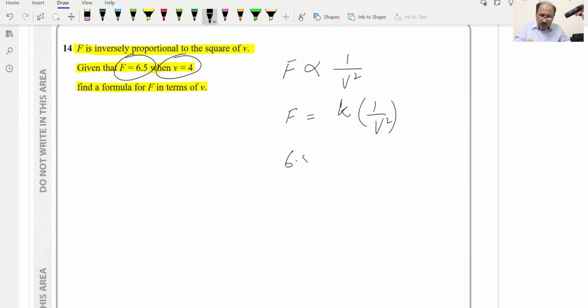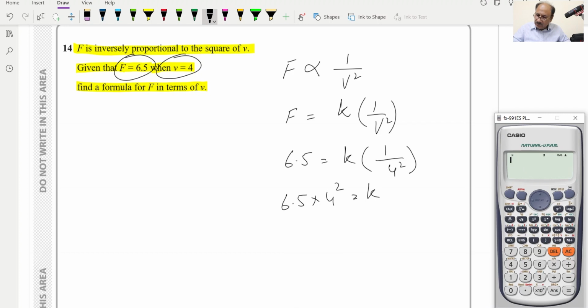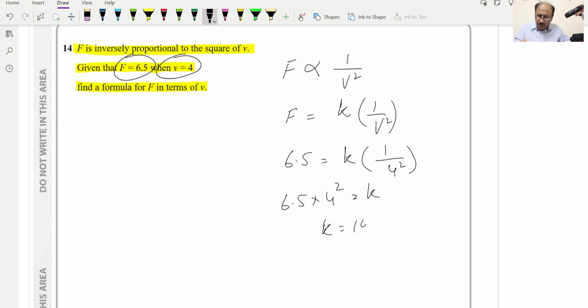F is 6.5, which is equal to k into 1 over 4 squared, and we can shift 4 squared to the other side, so 6.5 multiplied by 4 squared is equal to k, and this is equal to 104, so the k value is equal to 104.